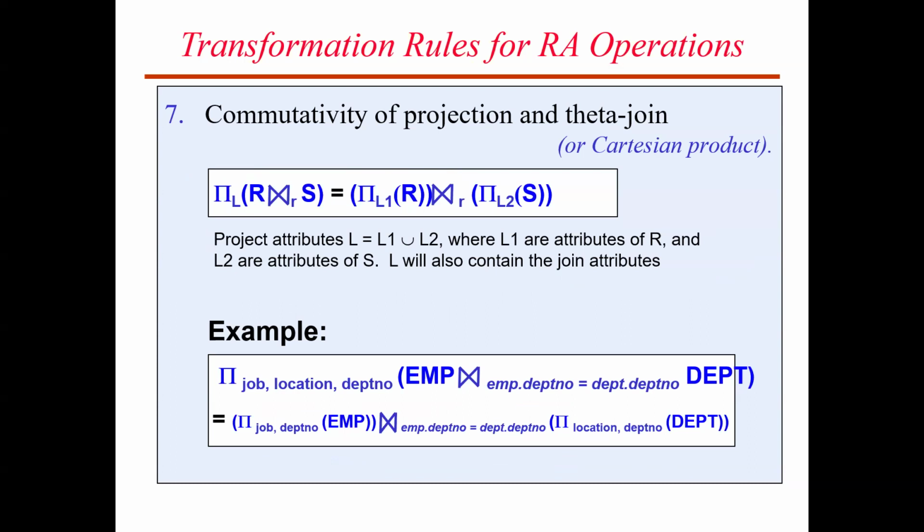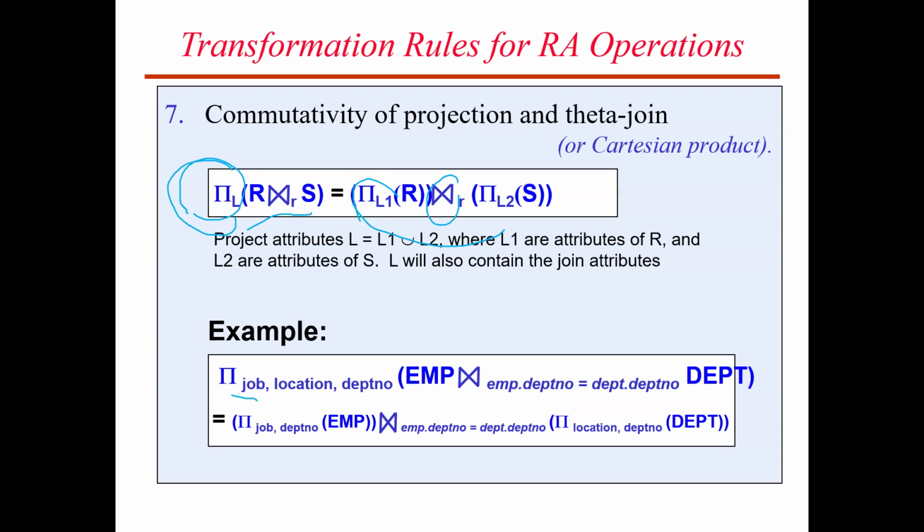Commutativity of projection and theta join. You have R and S tables as a join, and then you are trying to take out an L attribute out of it. It is equivalent to taking out the L attribute from R, another attribute from S, and then performing a join on it. It is the same.